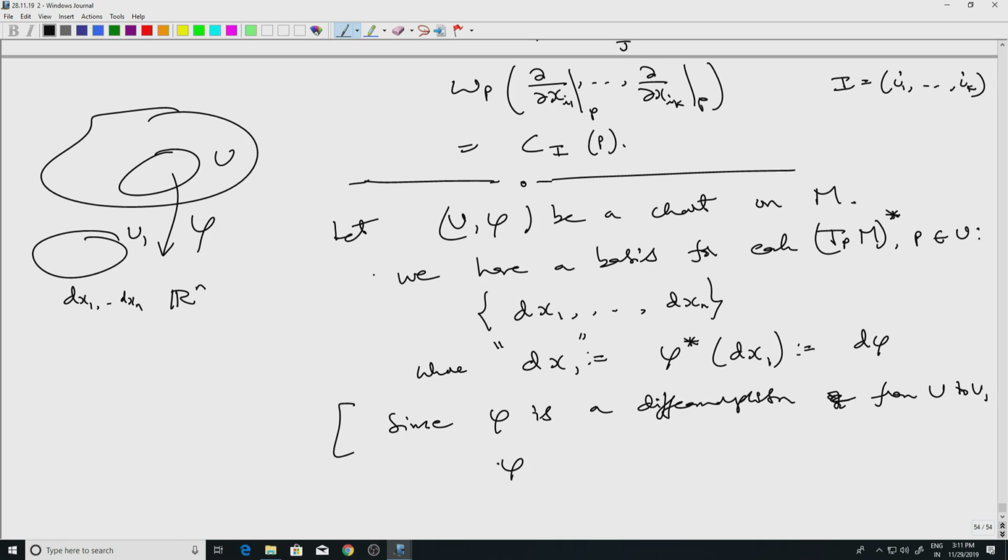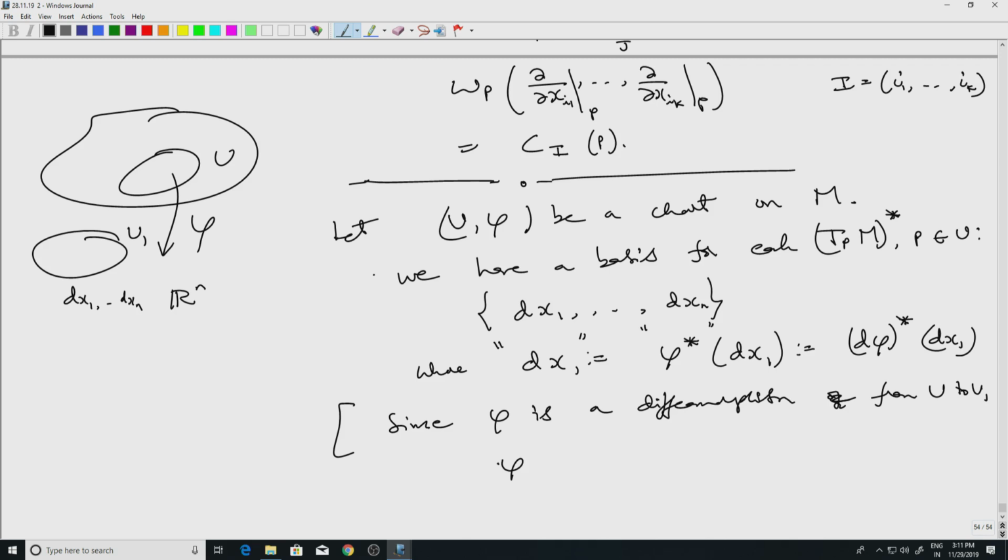The derivative is a map of vector spaces, and we are using the derivative to pull back. So it's actually d phi star of dx1. So here also I should put quotation marks. Phi upper star is nothing but d phi upper star, but one normally doesn't write d phi upper star, one just writes phi star.